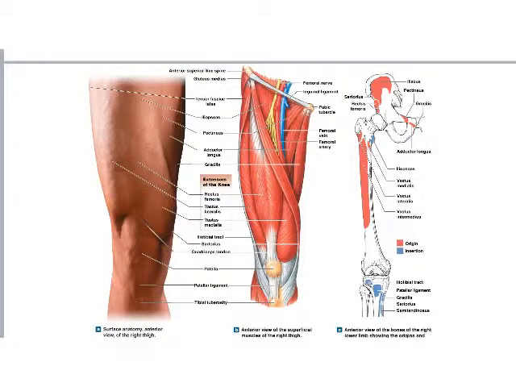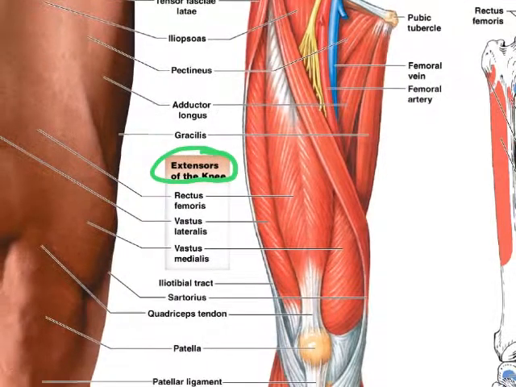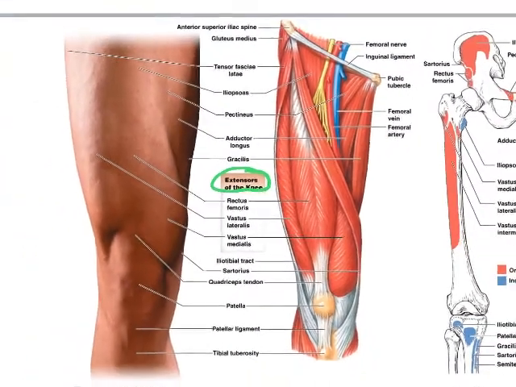So we're going to start here with an anterior view, and the anterior view is going to give us the extensors. If you remember on the upper extremity, the muscles in the anterior view gave you the flexors. In the leg, it's the opposite. The muscles here will give you the extensors. And we'll see anteriorly, there are three that we can see well.